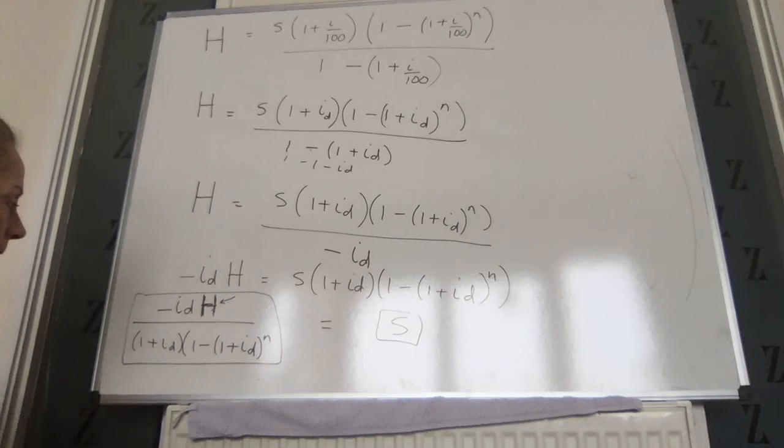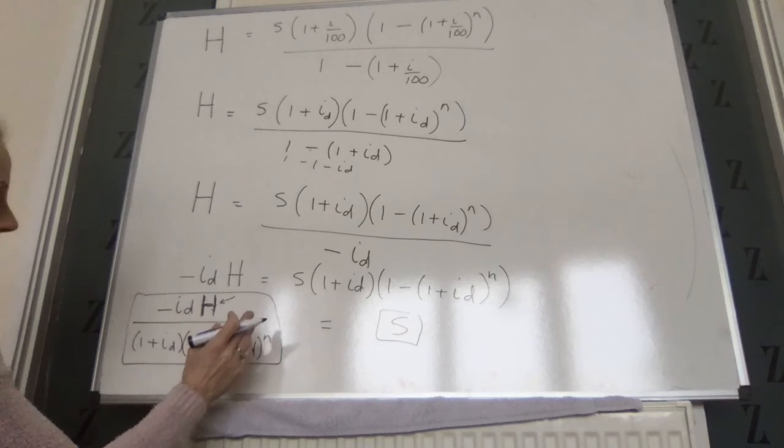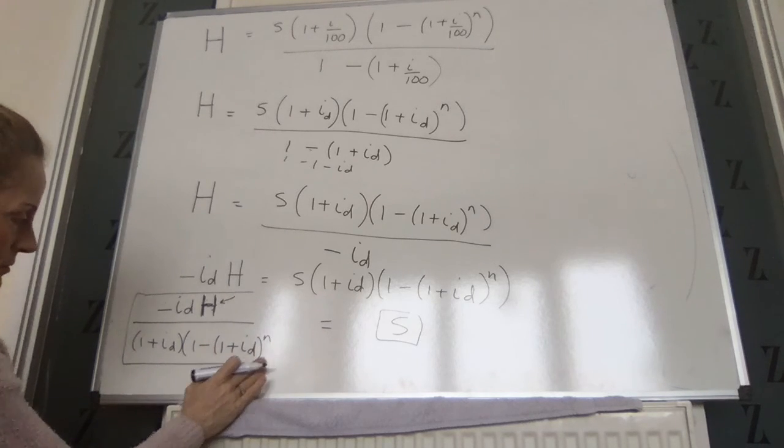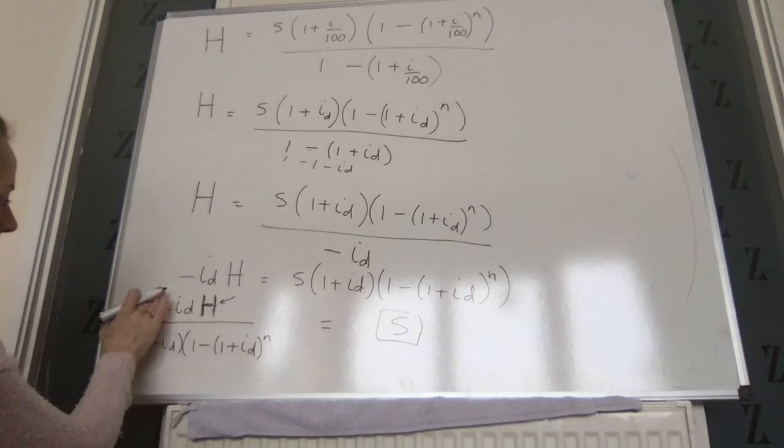Okay? If you like, you can multiply the top and the bottom of that by -1. You don't need to, but just to tidy it up, and quite often you might be asked to put it in a certain format.